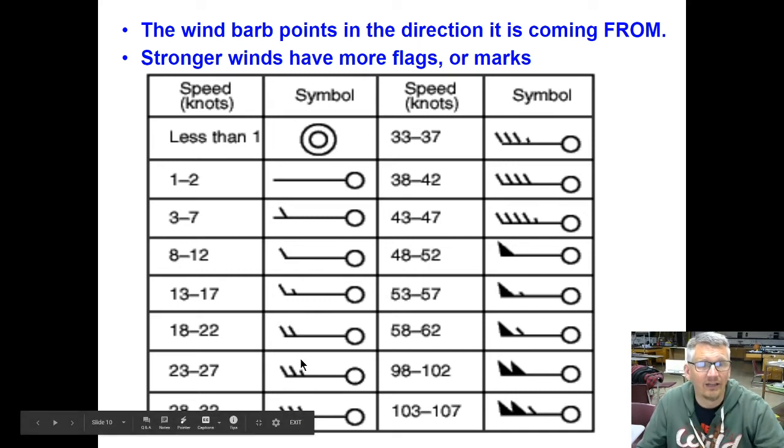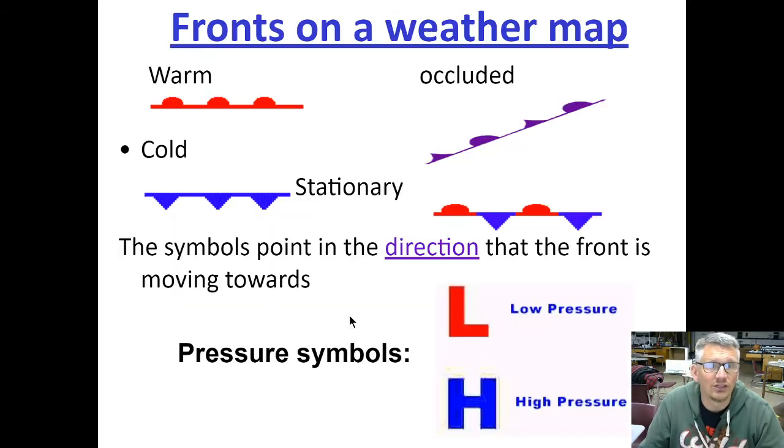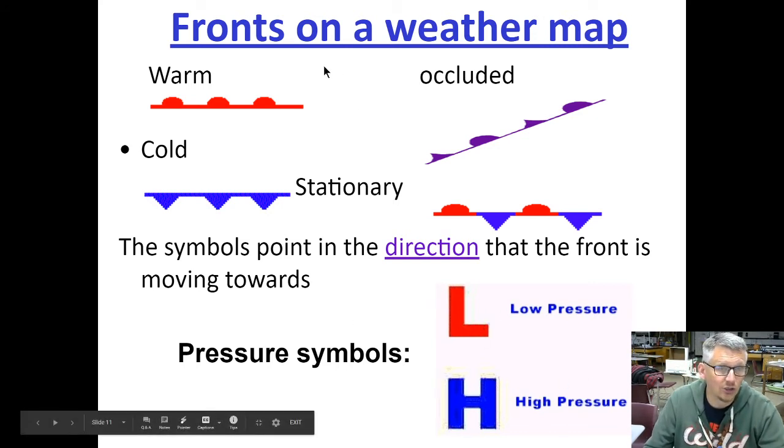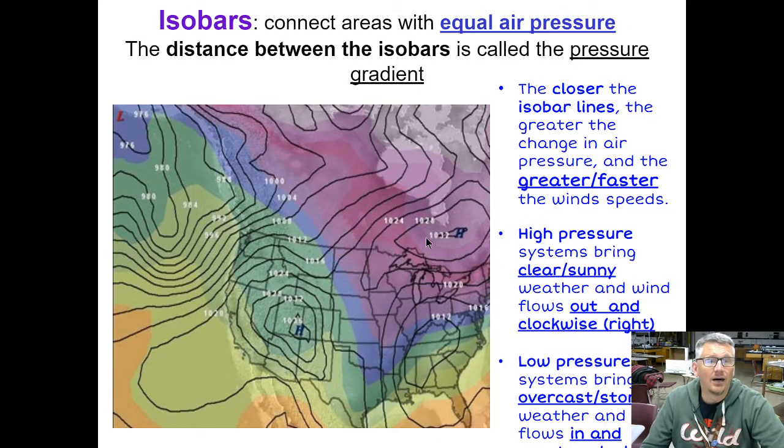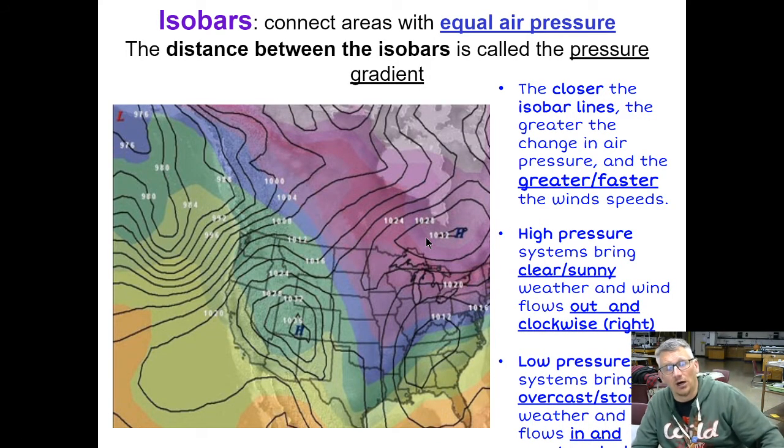And I'll be making a video over a key or a code that we can use to help you on that. And once again, on maps, we have our low pressures, high pressures, warm fronts, cold fronts, occluded fronts, stationary fronts, and we have things called isobars.